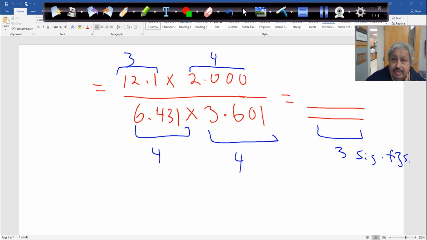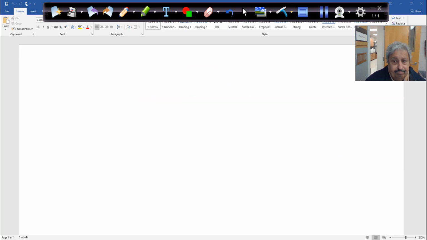This is one. Same thing with addition and subtraction. Sometimes they will give you a setup of values and tell you to determine the sig figs.